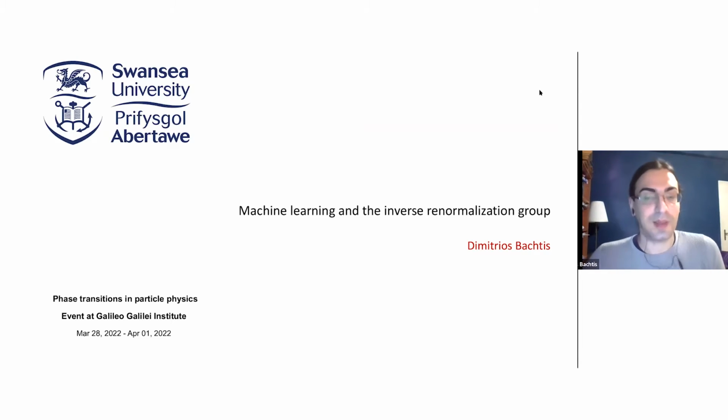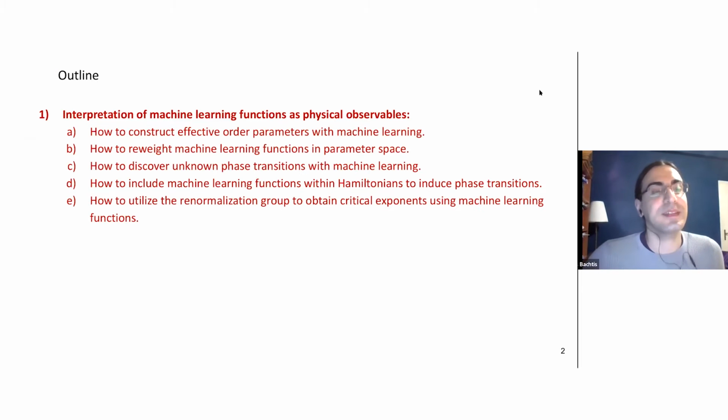So I will be talking about machine learning in relation to phase transitions as well as the inverse renormalization group. There are two different research directions that I will discuss, and the first one is the interpretation of machine learning functions as physical observables.